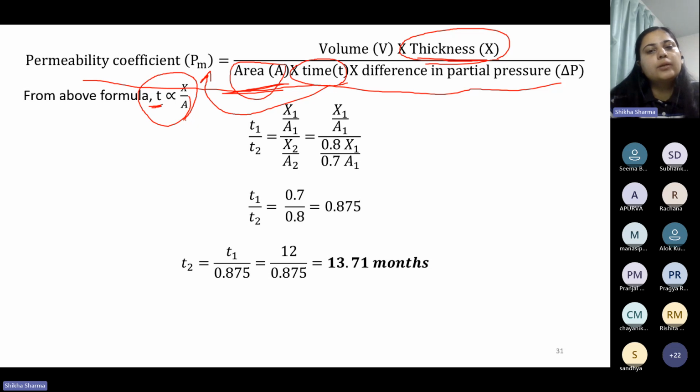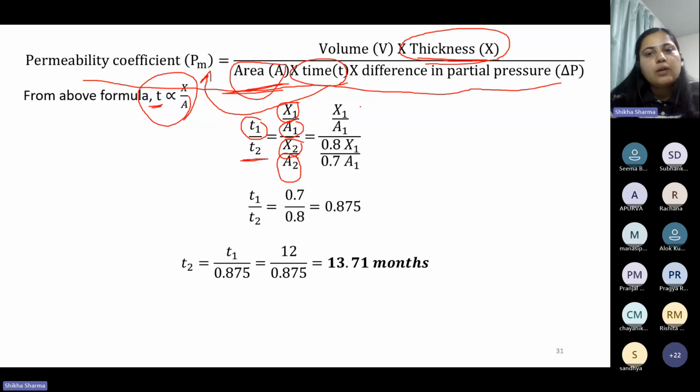Now, since we are changing thickness and area, T1, the initial shelf life, is x1 by A1, which is initial thickness divided by initial area, and T2, the shelf life after changing the packaging, is x2, the new thickness, divided by A2, the new area.